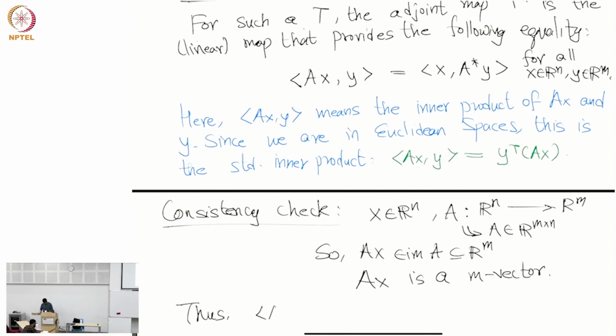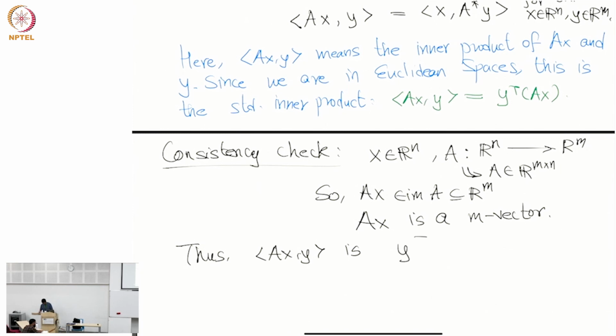And thus this inner product makes sense, right? y transpose Ax, and each of these is an Rm vector. So you can take the inner product.